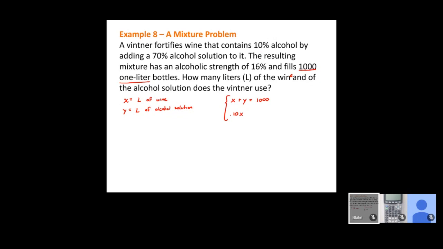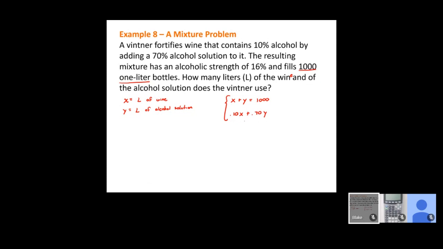What about the alcohol solution? 70%, right? And we're adding that to it. So it's plus 70% of however much alcohol solution we're adding. So we have 10% for all of our wine, 70% for all of our alcohol solution.